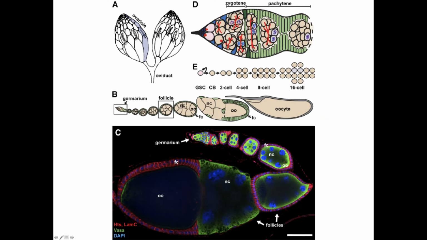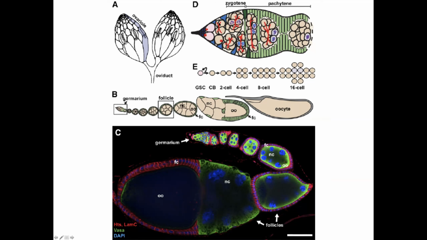These ridges are called canals, and they connect the cells. Now, after the divisions, this gives rise to 16 cells, of which one is going to form the oocyte.